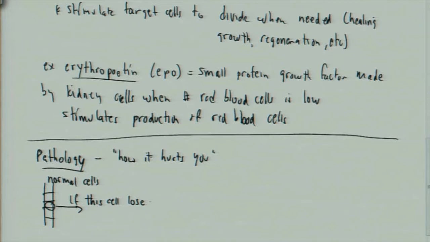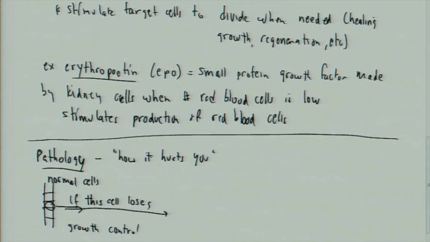This is called benign if it does not spread to other organs. And these cells are all descendants of one cell gone bad.